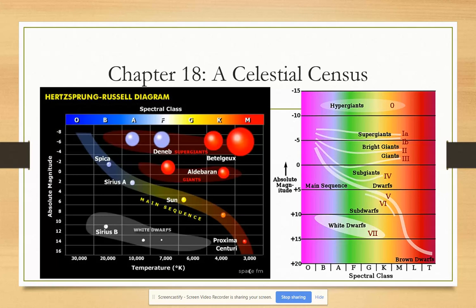So the main sequence is where stars are in brightness or luminosity and temperature when they have stable hydrogen fusion in the core. And so what are these stars out here? What's going on with them? They're beyond that. They finished fusing the hydrogen.